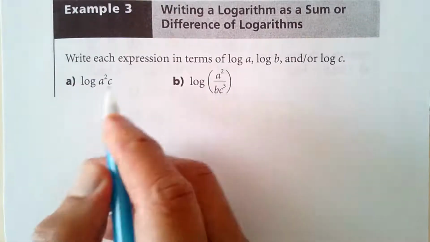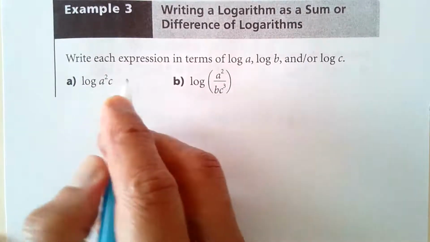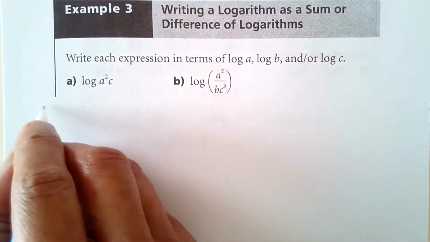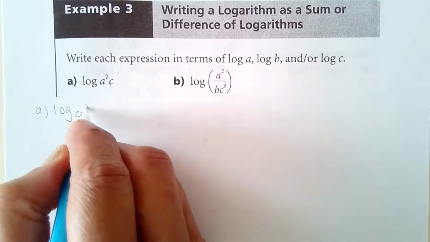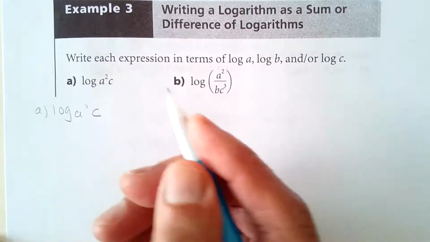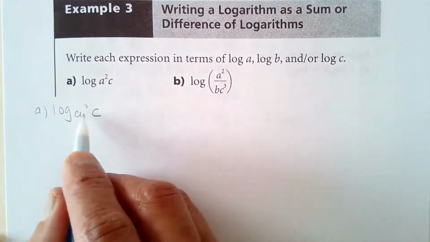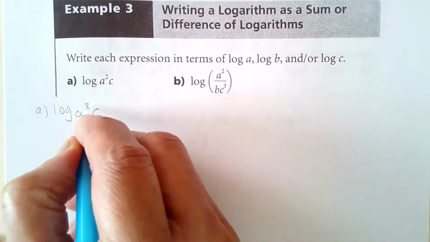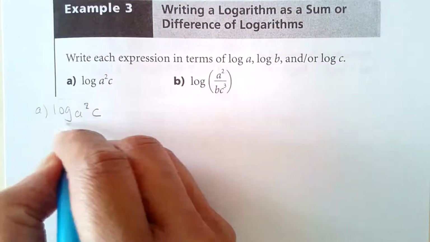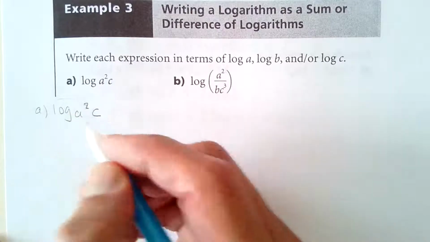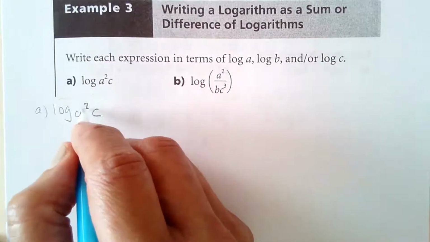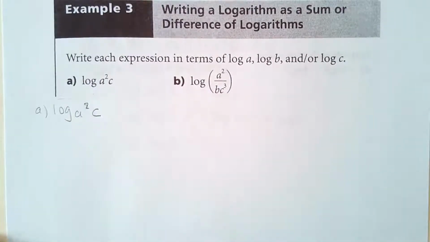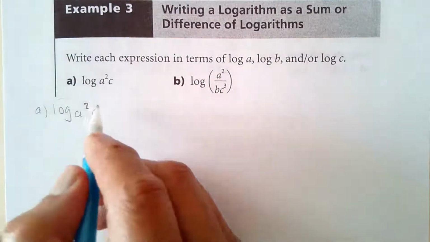Let's look. The first one here is log of A squared C. If we look at this, it looks like the product rule here, and then we can have the power rule. So we have the product rule first.